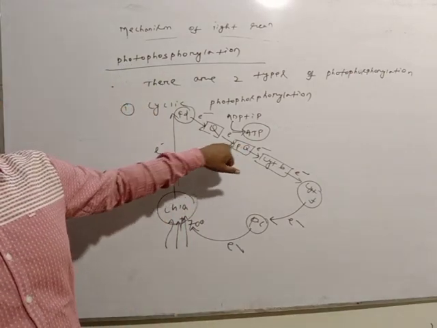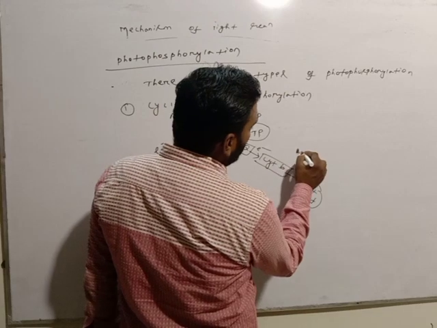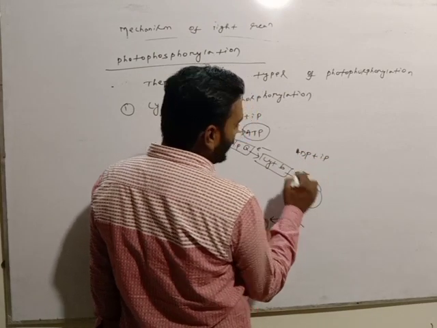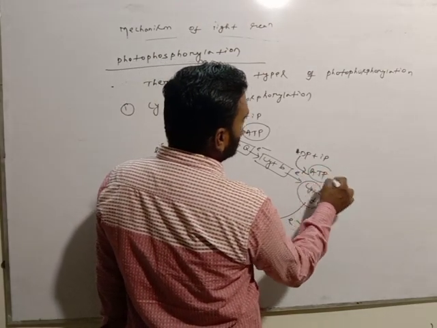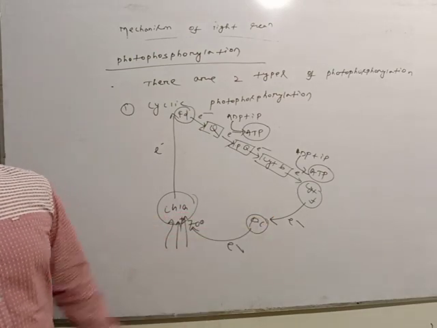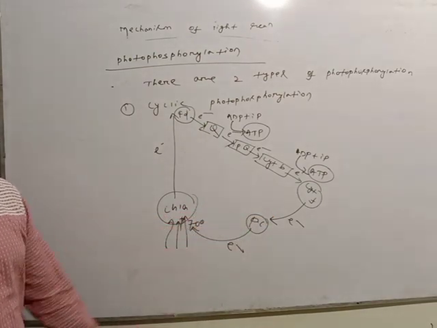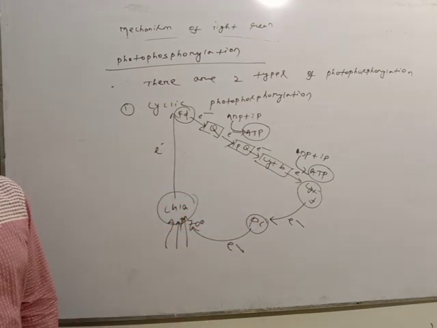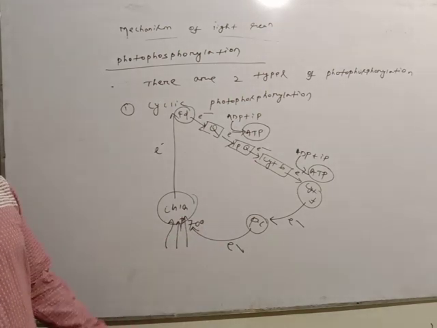Similarly, in the movement of electron in between the cytochrome complex, there is also loss of energy. That's why the energy rich molecule, ATP, is released in the movement of electrons from cytochrome B6 to cytochrome F.